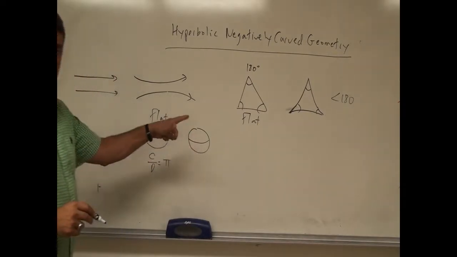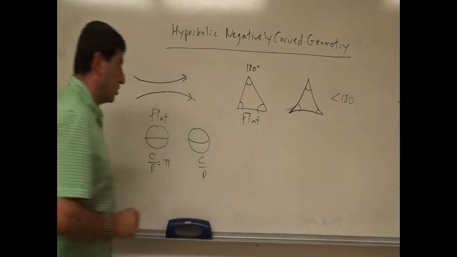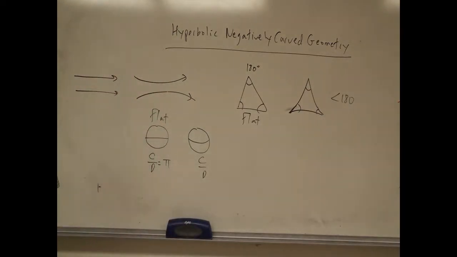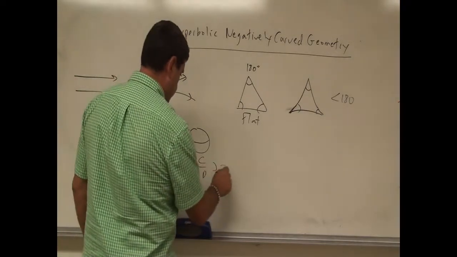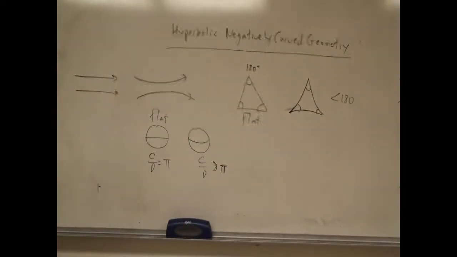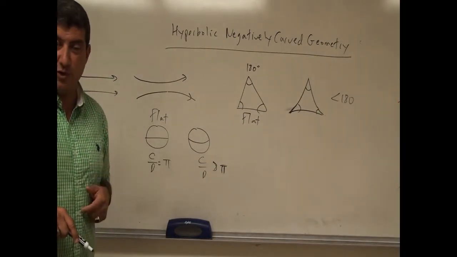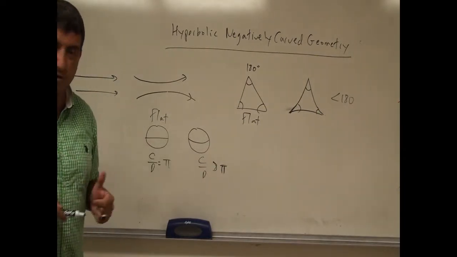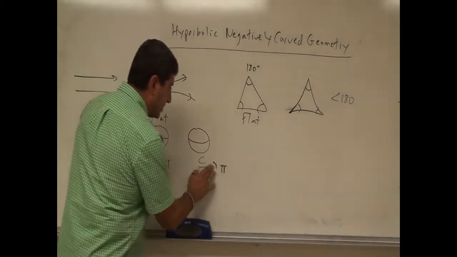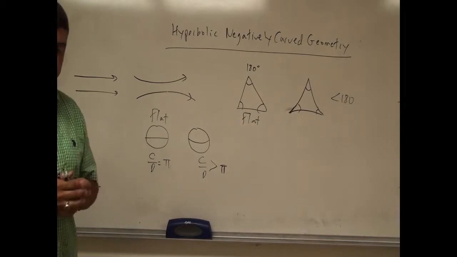But in a negatively curved geometry, when you do the circumference divided by the diameter, you should find that the answer is larger than pi. In a positively curved geometry, when we did it, we got an answer less than pi. But in a negatively curved geometry, we're going to get a ratio that's larger than pi.